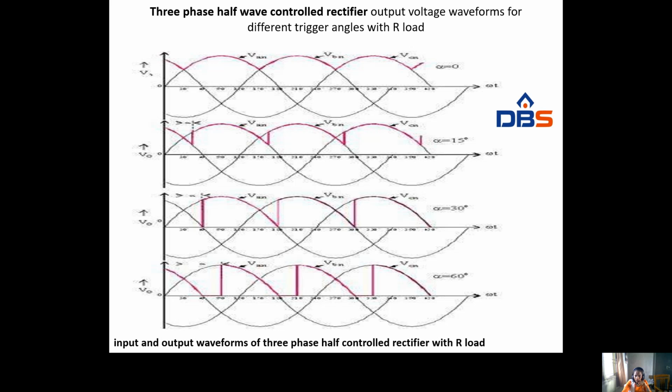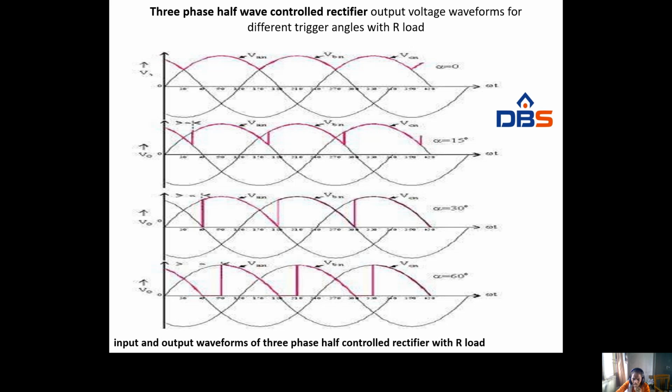The circuit diagram is there, and here is the three-phase half-wave controlled rectifier output voltage waveform with different trigger angles. Here we are using R load. The three phases are VAN, VBN and VCN. Here alpha equal to 0.